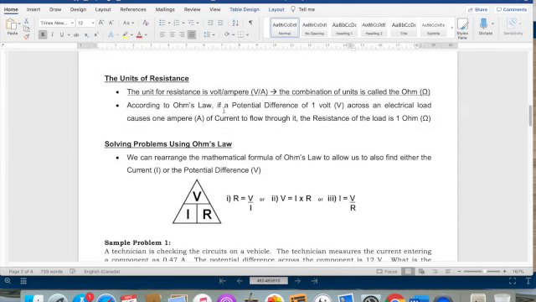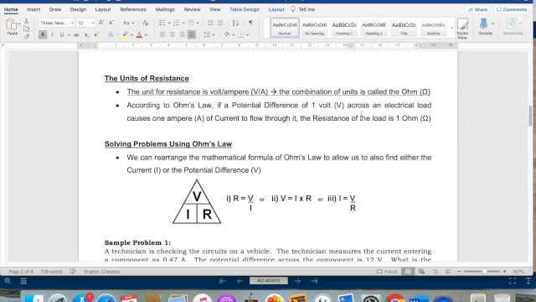Units of resistance. If we look at the units, it's a volt per ampere, and we just call these things an ohm, right? Remember in our previous example, we were saying how much current passes per unit of time, and we called that an ampere, right? And then we said, okay, how much energy per unit charge? We called that a volt.